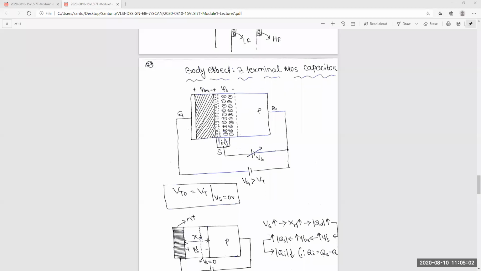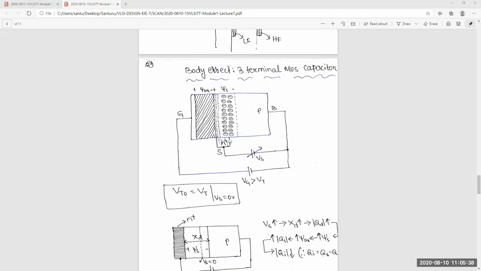They will come directly from here, because at high frequency it is very difficult to generate electrons thermally at the surface, since it takes time. But if the source is a heavily doped n-type semiconductor, an ample amount of electrons are there, so it is easy when you give a fast signal. The electrons will come from here to the channel.